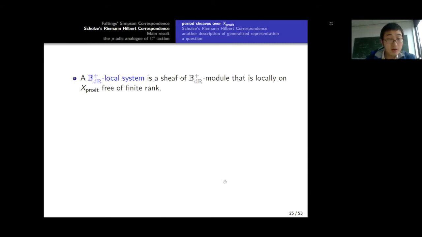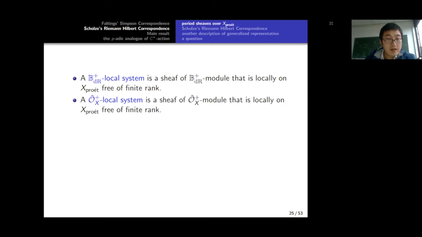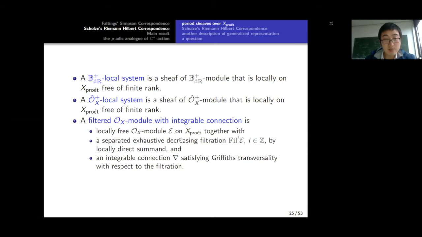Now we can talk about the B_dR plus local system, which is just a sheaf of B_dR plus modules that is locally on X pro-etale free of finite rank. An O hat X plus local system is a sheaf of O hat X plus modules that is locally on X pro-etale free of finite rank. And a filtered O_X module with integral connection is a locally free O_X module together with a filtration and connection satisfying Griffiths transversality.